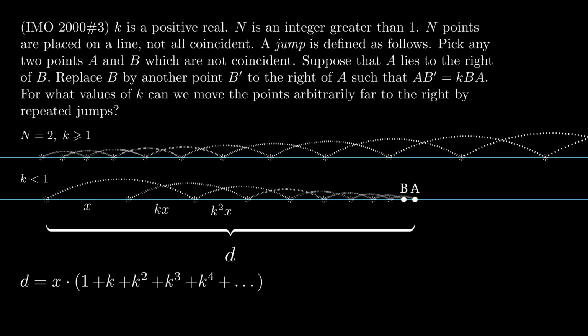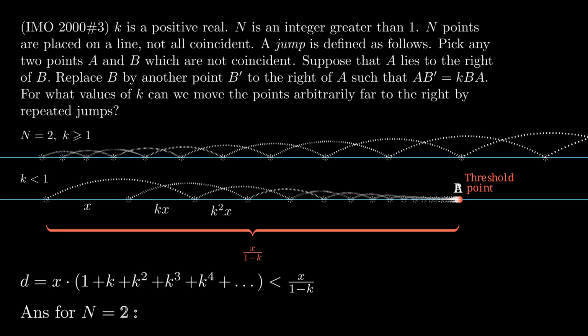A well-known fact is that for k less than 1, this sum is convergent. It never exceeds x divided by 1 minus k. This means that there exists a threshold point which will never be overjumped. So for n equal to 2, the answer to the problem's question is k greater than or equal to 1.